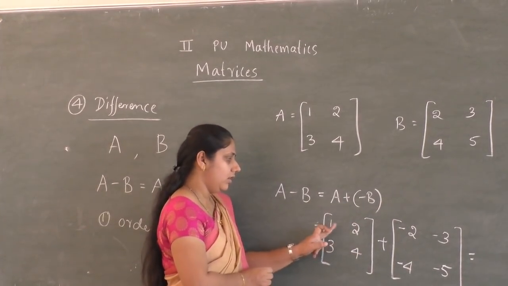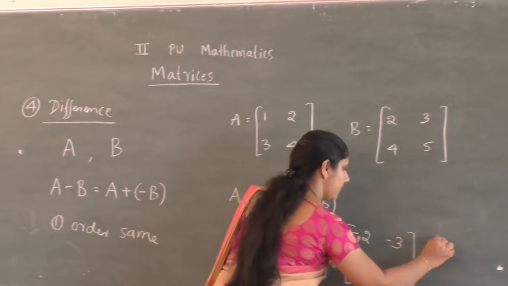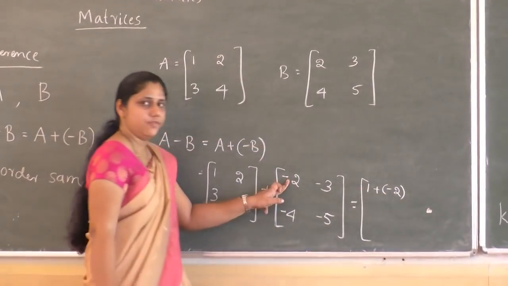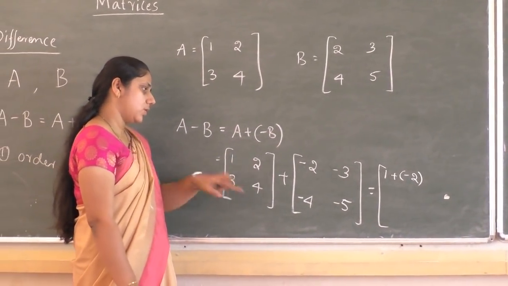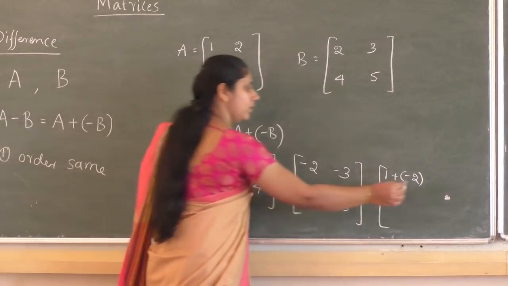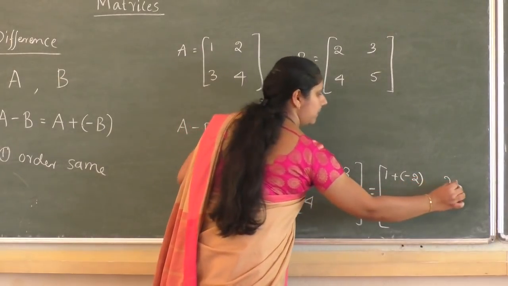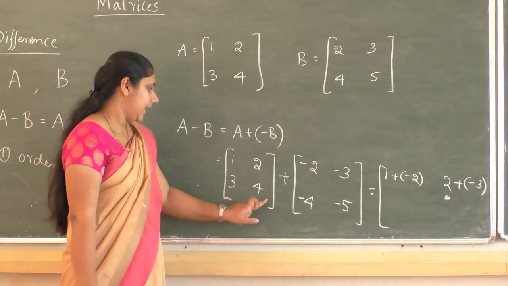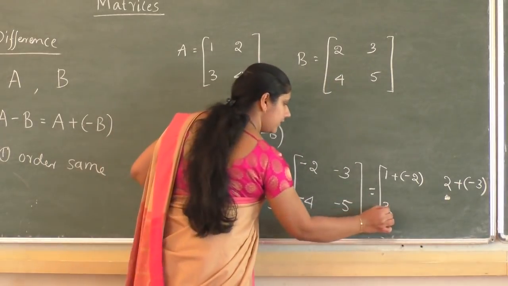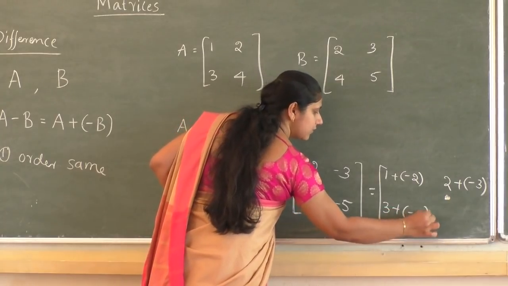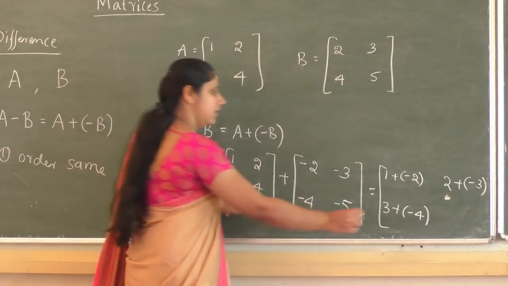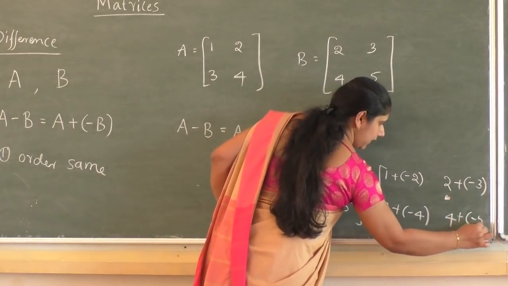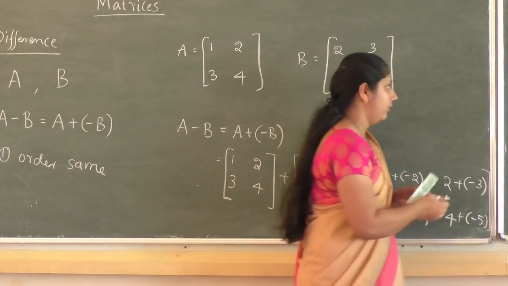That is, 1 plus -2 is the first element. First row, second column element is 2 plus -3. Second row, first column element is 3 plus -4, and second row, second column element is 4 plus -5.